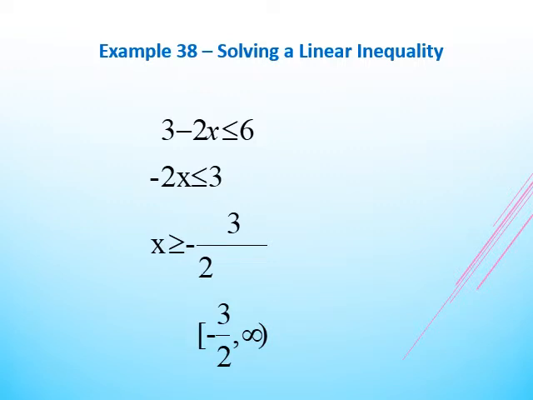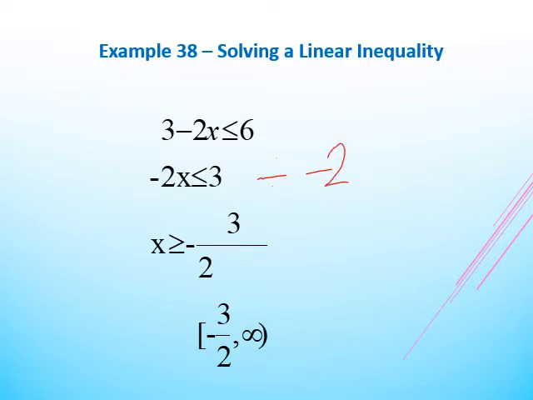Now let's solve this linear inequality: 3 minus 2x less than or equal to 6. This means that we add negative 3 to both sides. Negative 2x less than or equal to 3. Then we divide both sides by negative 2 to get rid of the coefficient of x.